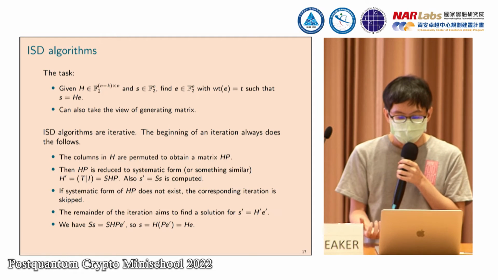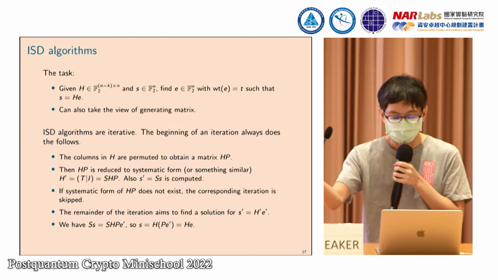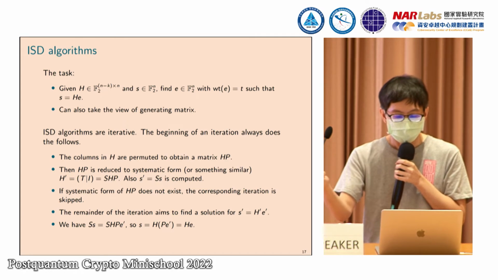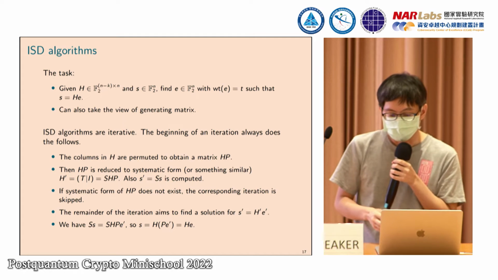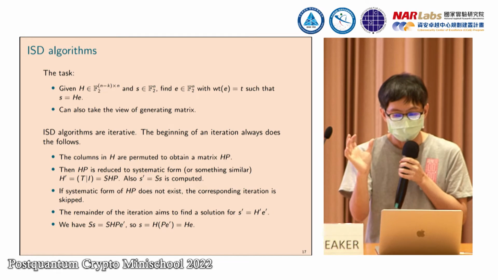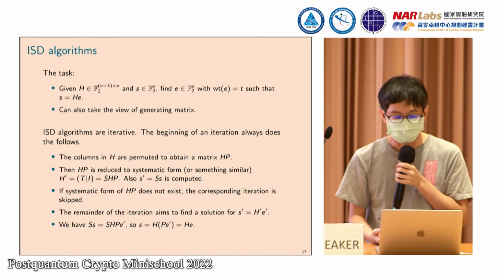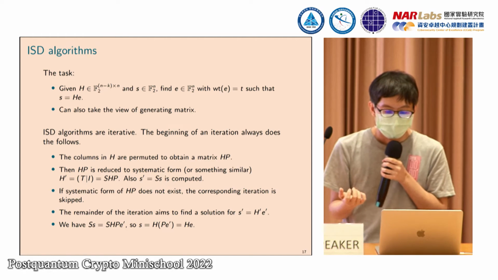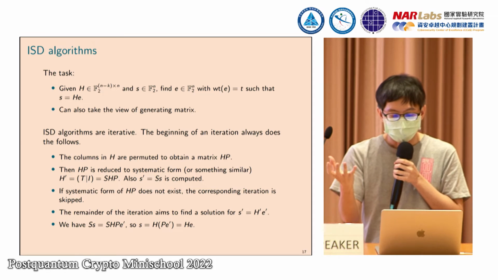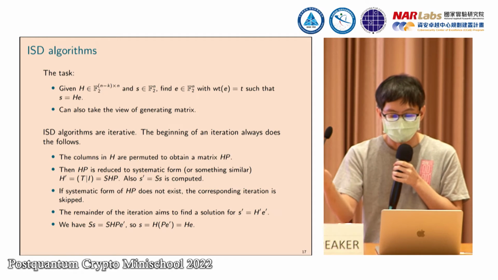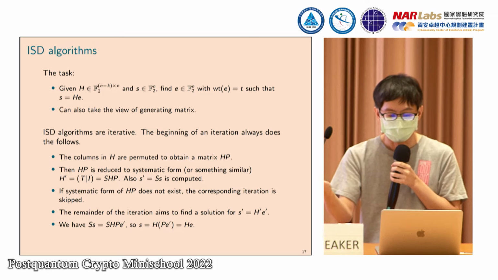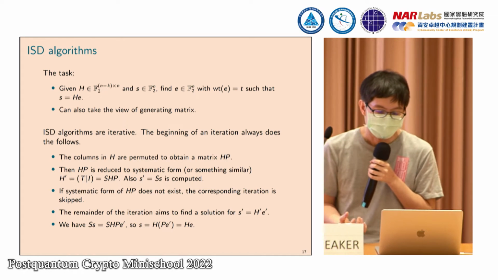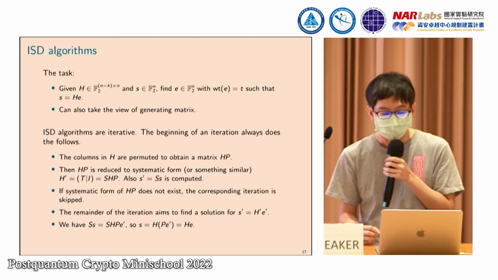At this moment, you have some H prime and S prime. This is like a twisted instance of the original syndrome decoding problem. Now you can try to solve the syndrome decoding problem with input H prime and S prime, and then you should be able to find some error vector E prime.